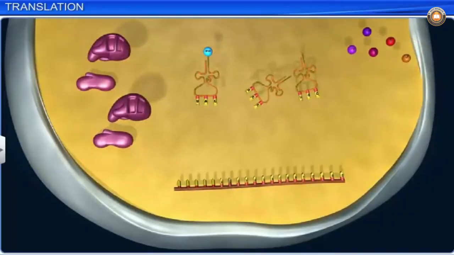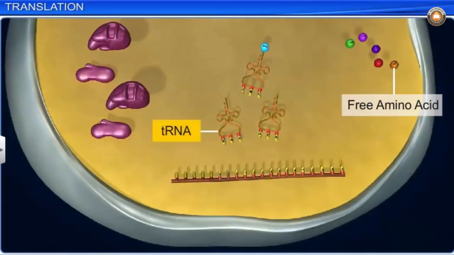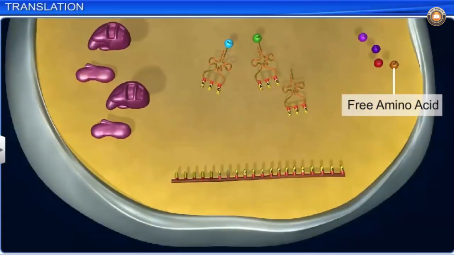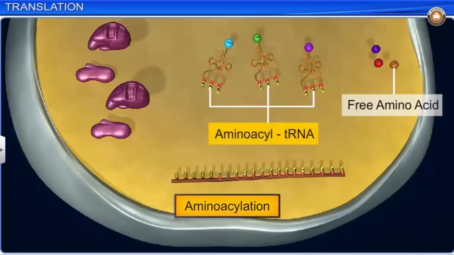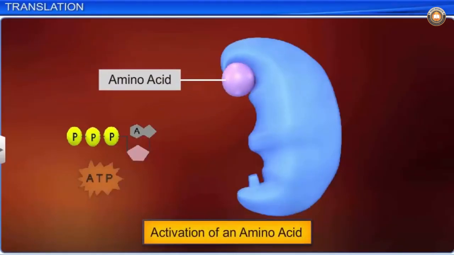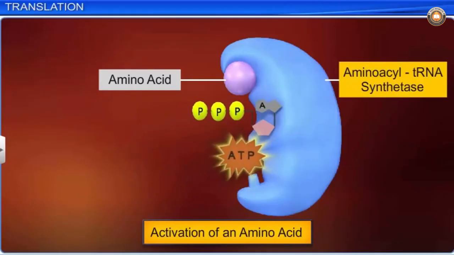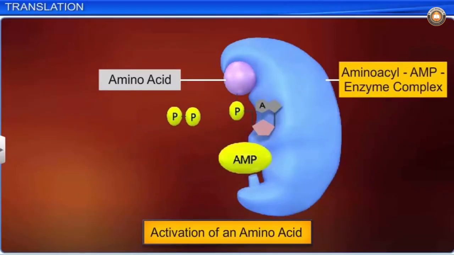The amino acids and tRNAs in cytoplasm become activated by a process called the charging or amino-acylation. During this process, amino acid binds with ATP in the presence of amino-acyl RNA synthetase and is activated into amino-acyl AMP enzyme complex.